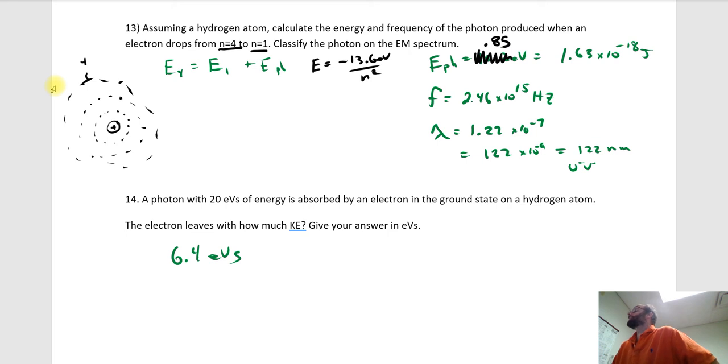I think I ran it for n equals 2, not 4. I'll go ahead and fix that later, but the 0.5 eVs, darn it, wish that wouldn't have happened, but this ends up being 1.36 times 10 to the minus 19th.